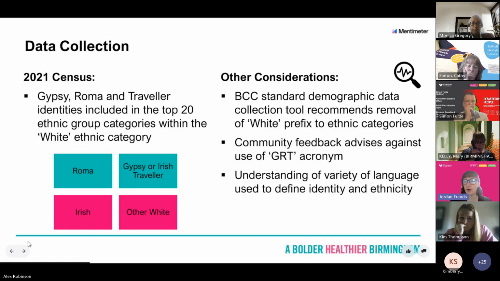So we'd really recommend, and have created, a standard demographic data collection tool that removes the prefixes of white, black, Asian from these ethnic categories and focuses more on people's specific identity. So instead of white Roma, it now just says Roma. And we've also got an open text box for people's heritage or countries of heritage, so you can get a more comprehensive understanding of someone's identity in a way that's more reflective.